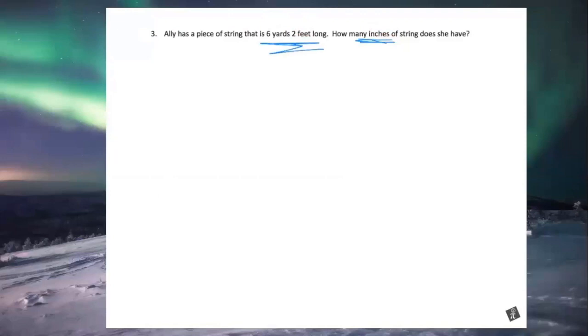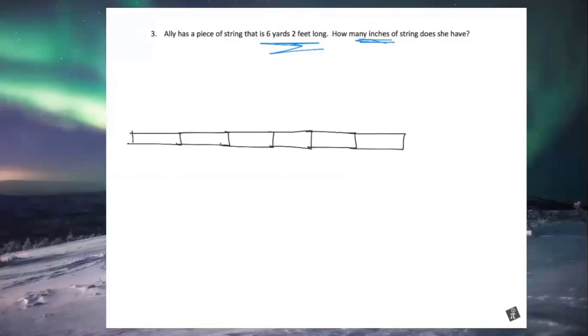So if we wanted to, we could draw a picture, and the picture might look like, okay, 1 yard, 2 yards, 3 yards, 4 yards, 5 yards, 6 yards, and then 2 feet. And we know it takes 3 feet to make a yard, so I'm going to indicate this by circles again.